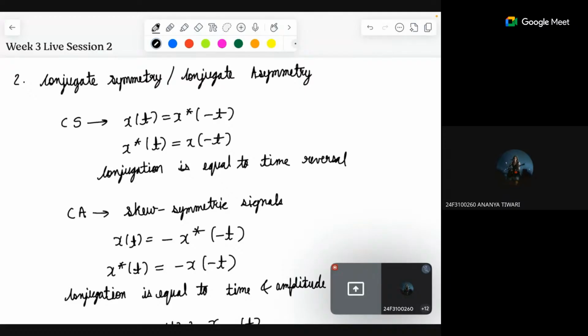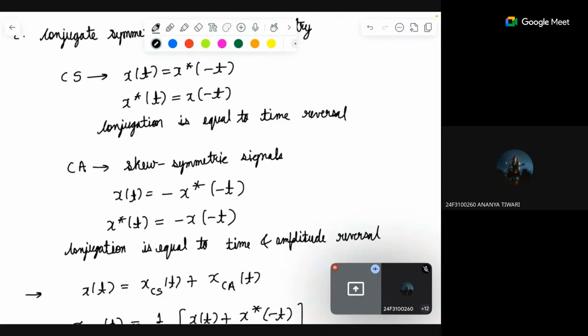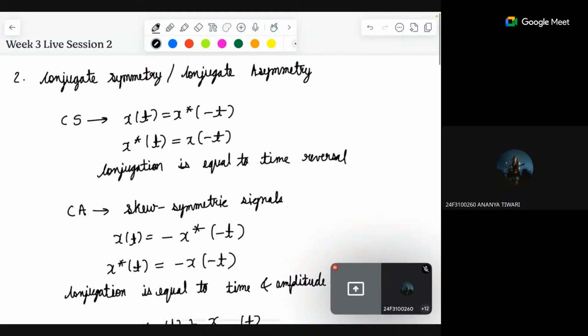So we have to do both conjugation and reversal. For conjugate asymmetric, we also do both conjugation and reversal, and then we get a negative sign, but here it will be equal. In even and odd, we just do time reversal, but for complex signals, conjugate symmetry and conjugate asymmetry, apart from time reversal, we also take the conjugate.